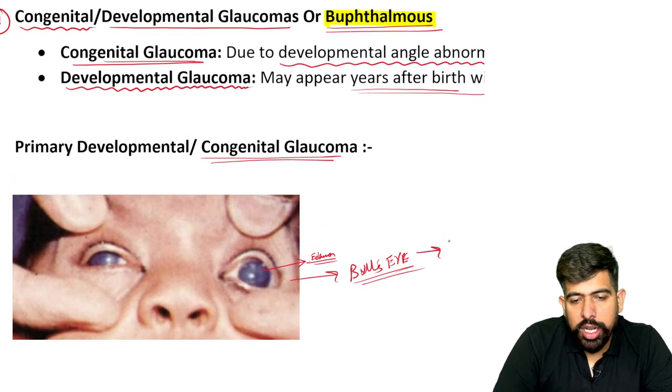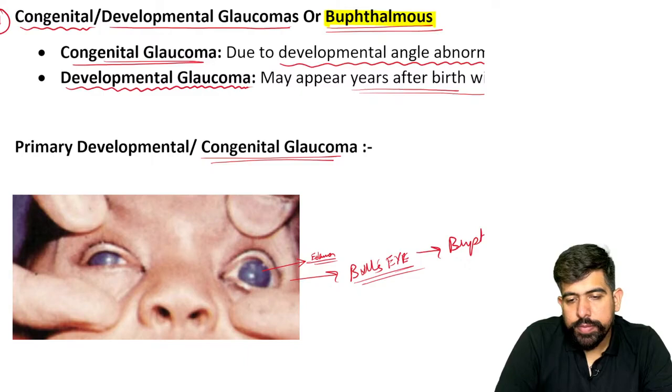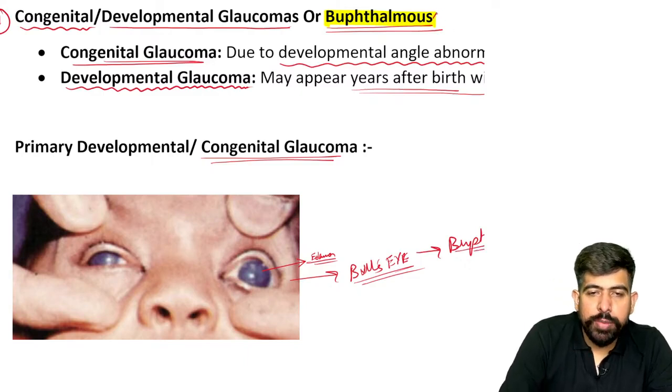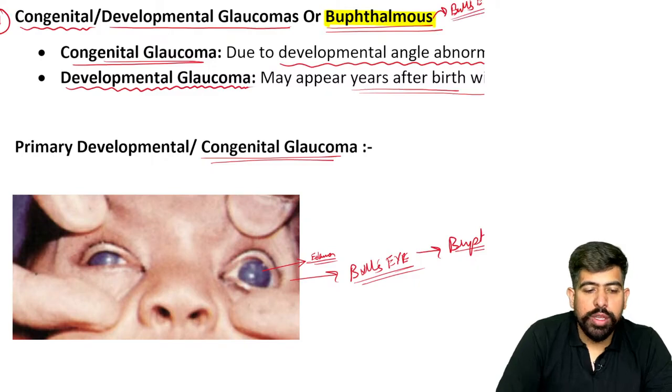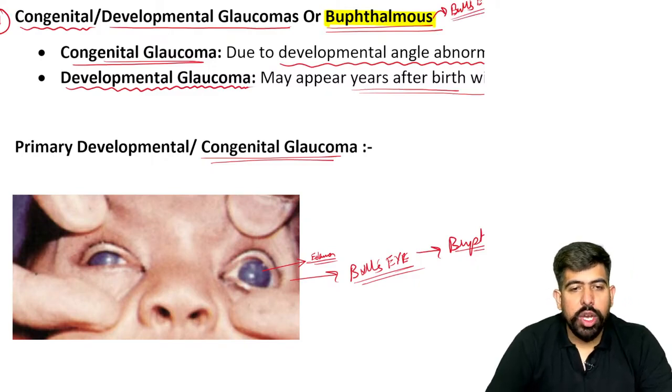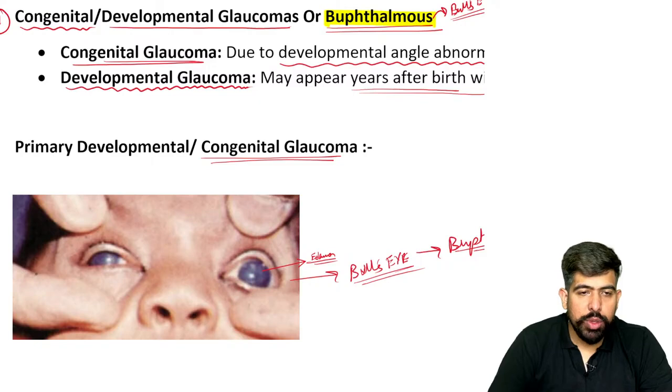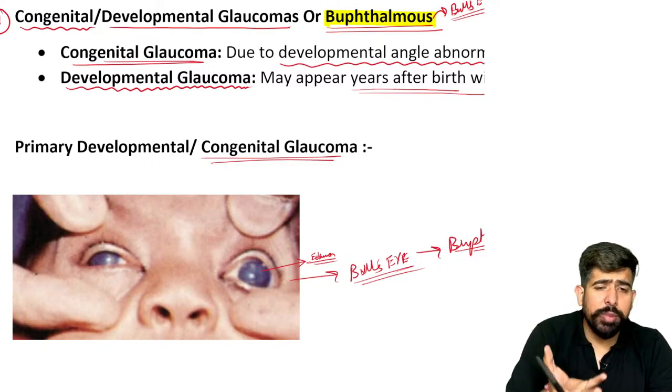Yes, that bull's eye is known as buphthalmos. Okay, so buphthalmos means the bull's eye. Now, why is this buphthalmos?